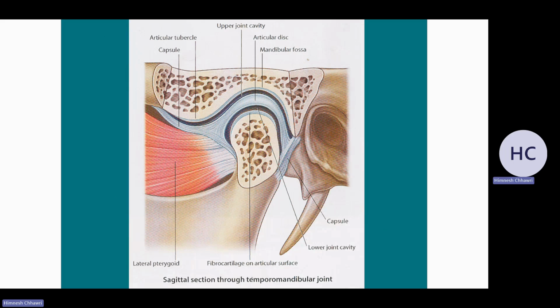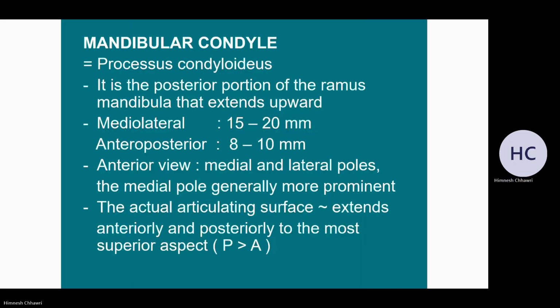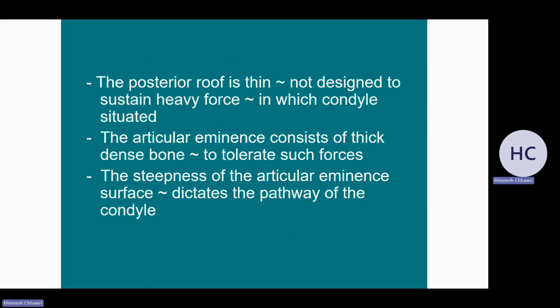Here you can see the articular disc, superior cavity and inferior cavity. These are the two parts of the bones which make the TMJ: the mandibular condyle and the mandibular fossa.